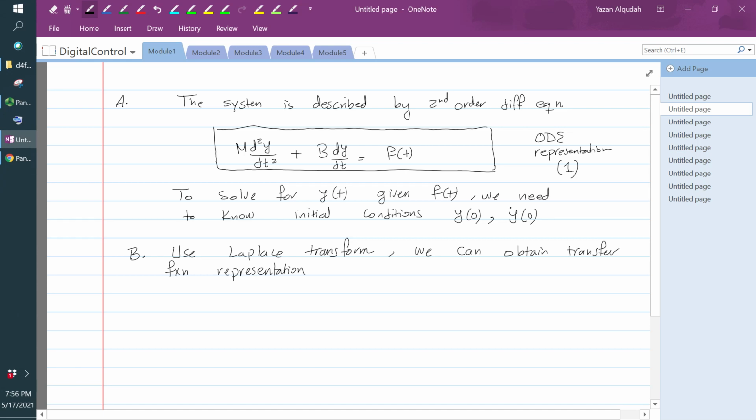So in this case, if I look at this differential equation, we're going to call the equation above equation 1, and we take the Laplace transform of equation 1.